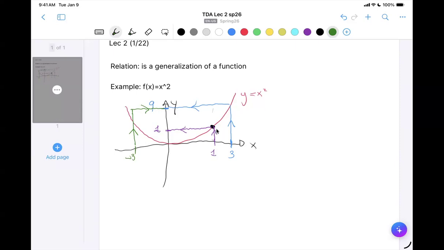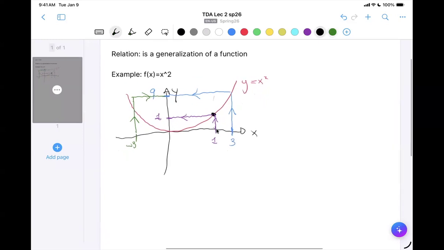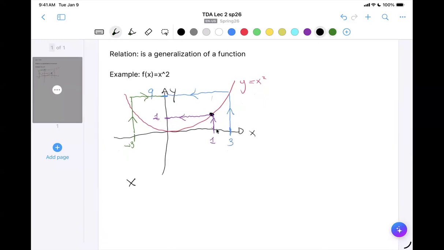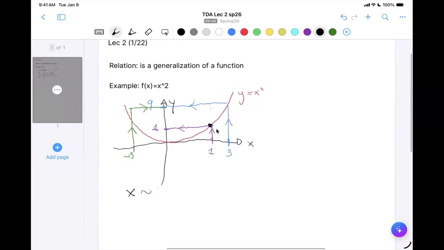So, to use a notation more similar to what I want to use with the relation, if you have a number x, this is the usual notation for a relation.